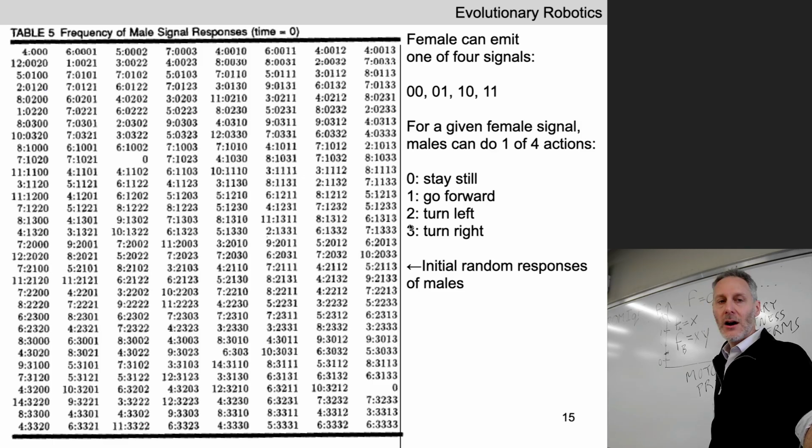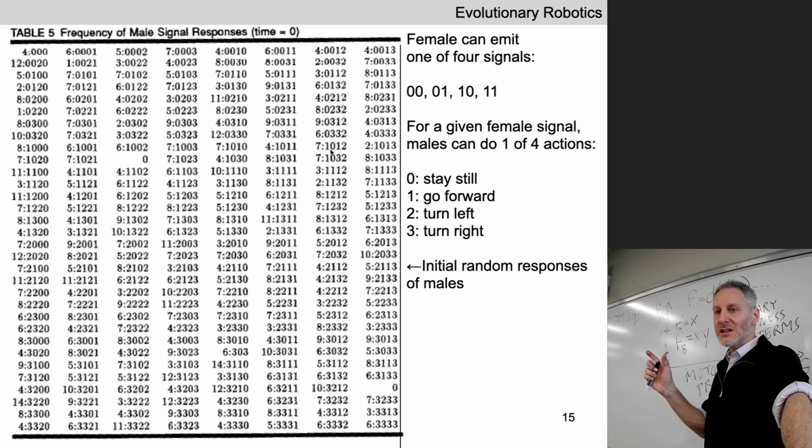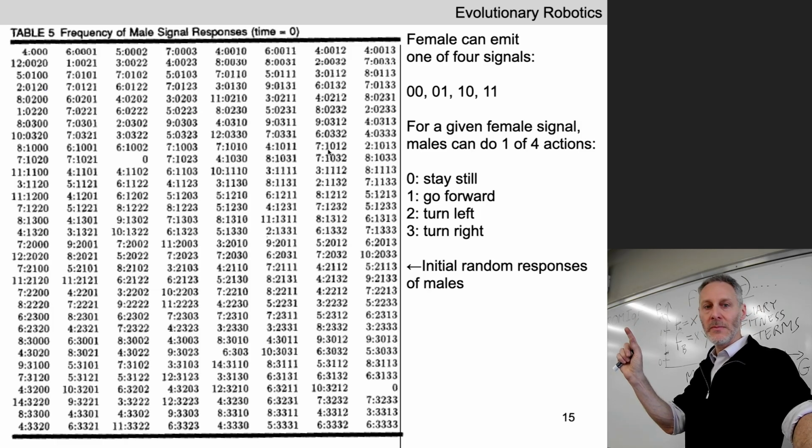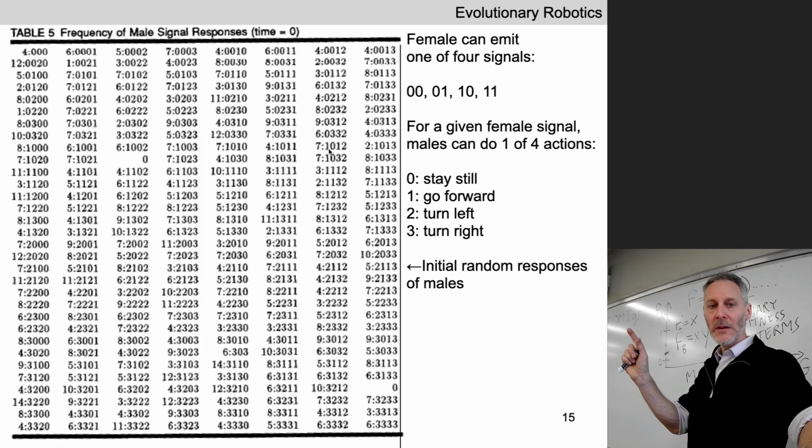So far, so good? Okay, let's take one of these cells at random. Let's take this one here. 1, 0, 1, 2. I apologize if you're in the back. This is hard to see. 1, 0, 1, 2. What does this mean? This set of 4 digits represents a set of males that when they hear 0, 0, the first position, they go forward. When these males hear 0, 0, they do 1.